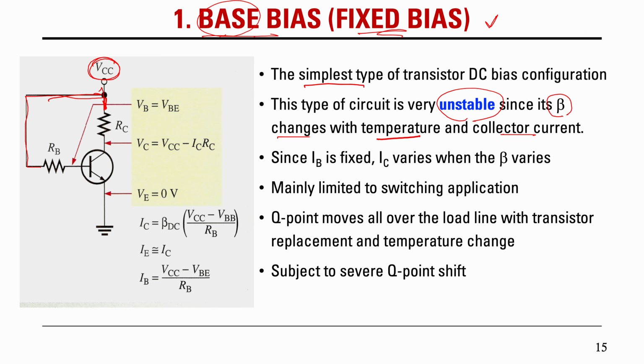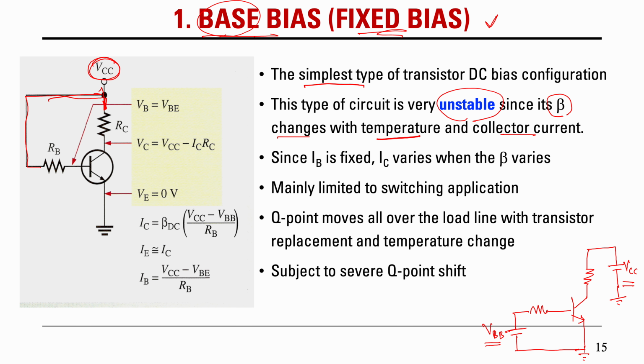Rather than that, in our common BJT circuit, we usually have VBB, another voltage source at the base, and then VCC. So we have a separate voltage source at the base and at the collector.